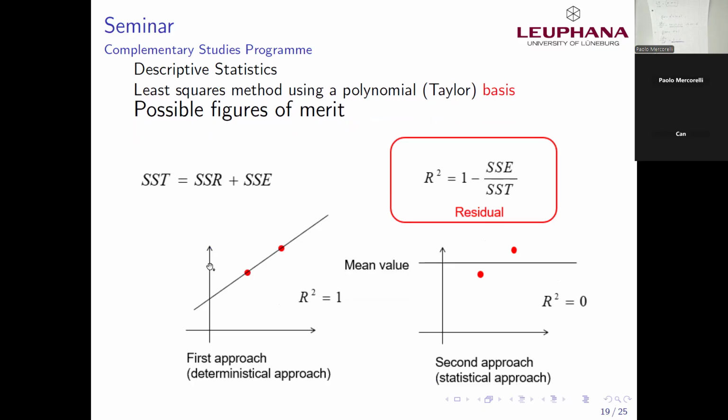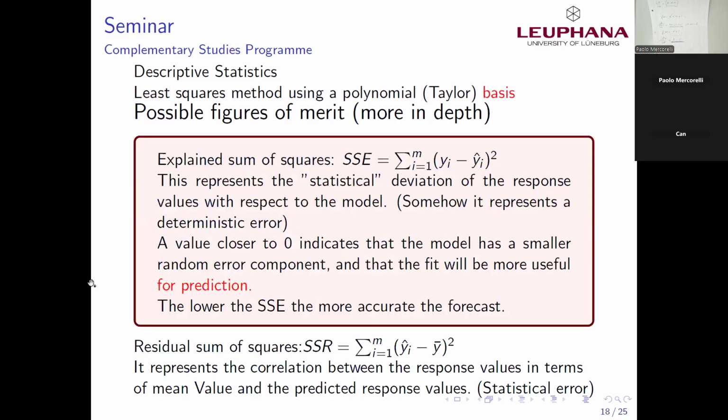Yeah. The deterministic error is defined by SSE. Because here, in order to remember, we don't have any statistic characteristics. Y is the measurement, y hat is the approximating function.